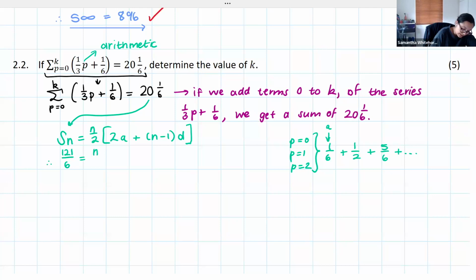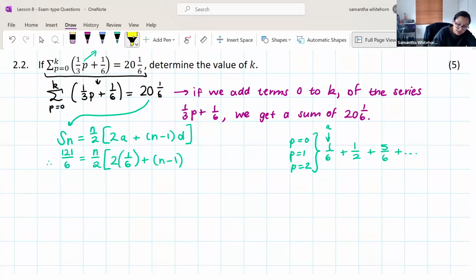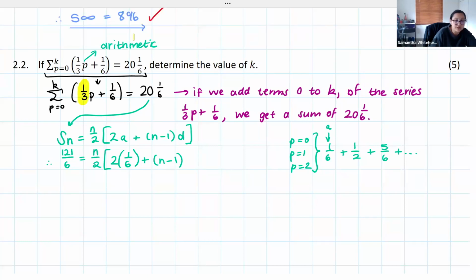That is equal to n over 2 times a, which we know is 1/6, plus n minus 1 times our constant difference. Now, you can either go work out your constant difference, so 1/2 minus 1/6, 5/6 minus 1/2, that's fine. But remember, in your formula, the coefficient of the variable is the constant difference. So if you were to add a third to 1/6, you would get a half.